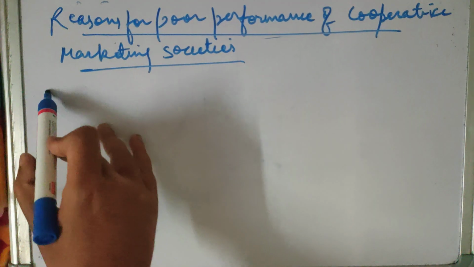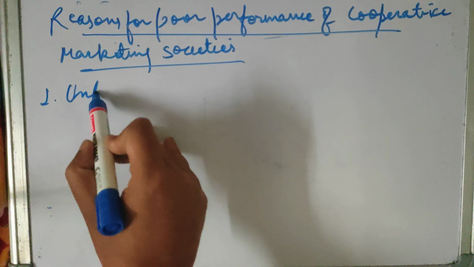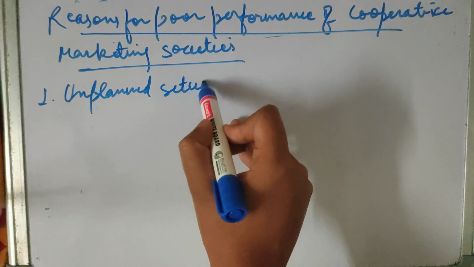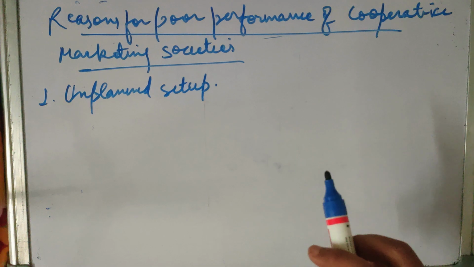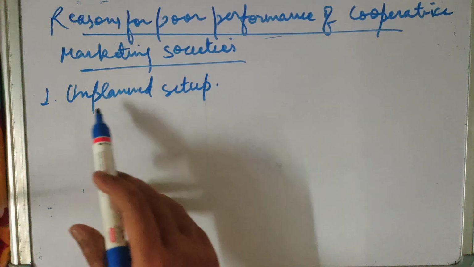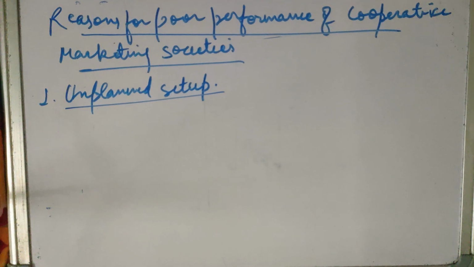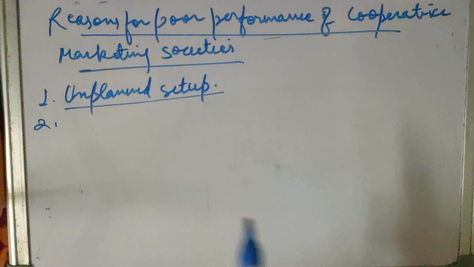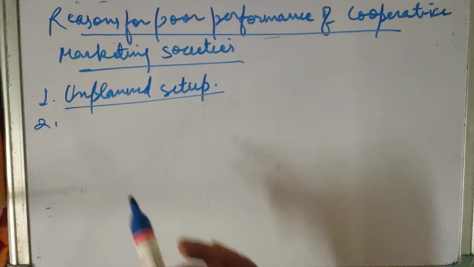First of all, unplanned setup. No attention is paid while fixing the volume of produce, area of operation, and finance requirement. There is not much focus given on these areas, and it is hard to plan. So due to lack of planning, the produce gets low.